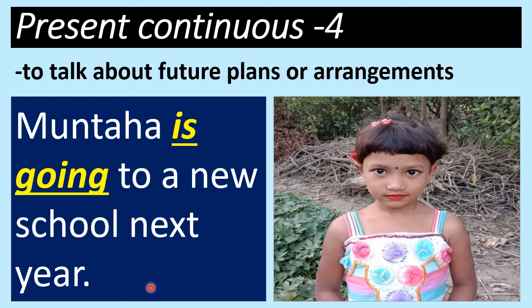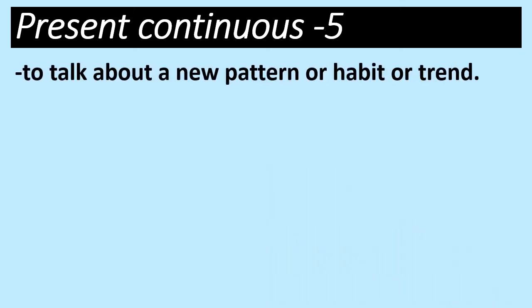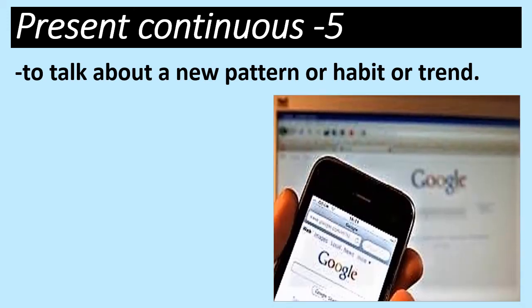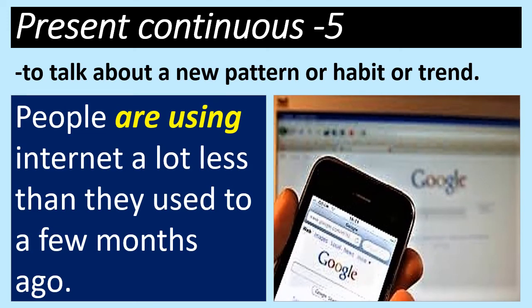It is her plan or arrangement. We use present continuous to talk about a new pattern or habit or trend. Look at the picture and look at the example. People are using internet a lot less than they used to a few months ago. It means that people did not use internet like now.